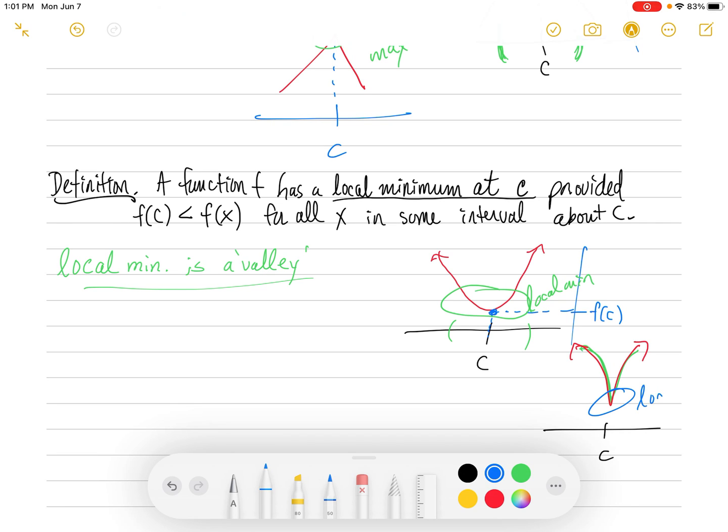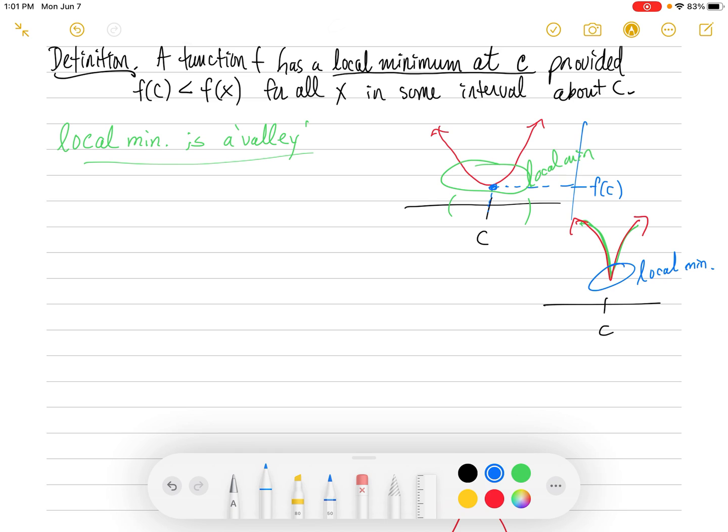Now this would be a local min as well. Local min right here. And that little valley. Local min at x equals c. Okay, so we have local max and local min. So these are little high spots and little low spots.